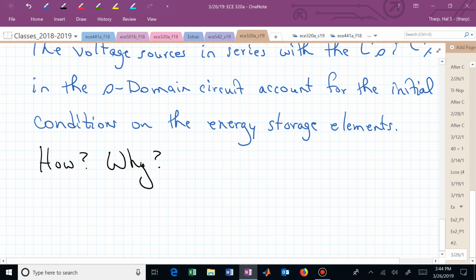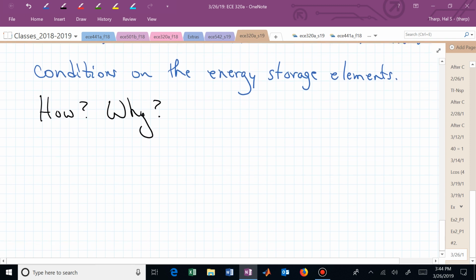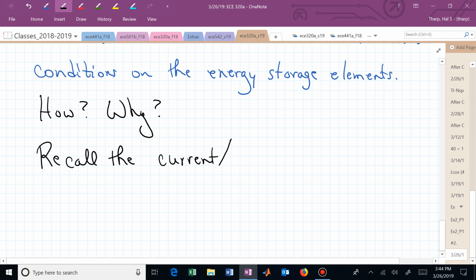Maybe you're wanting to focus on ICE initially. We'll look at ICE, which is associated with a capacitor. Let's recall the current voltage relationship of a capacitor.